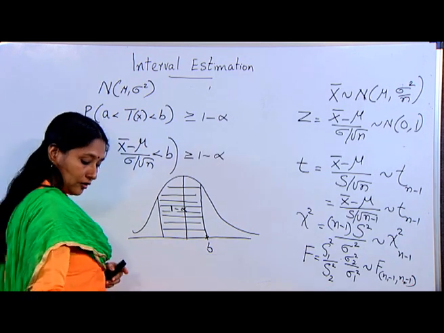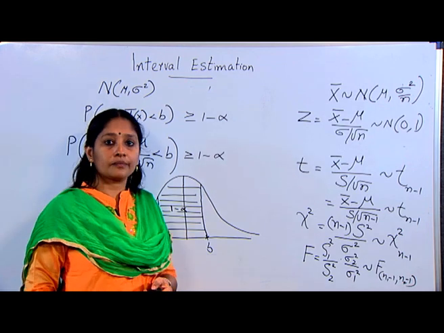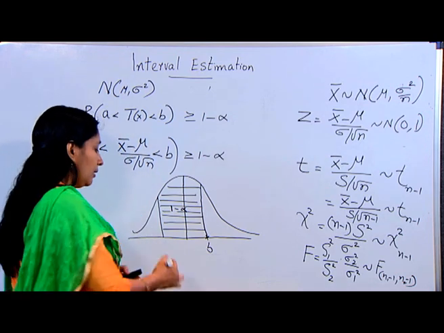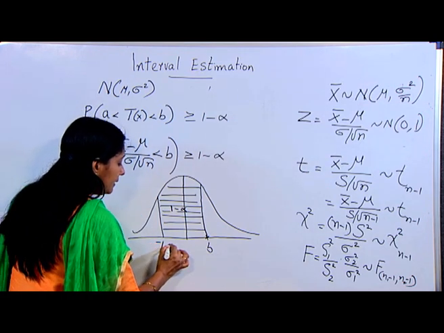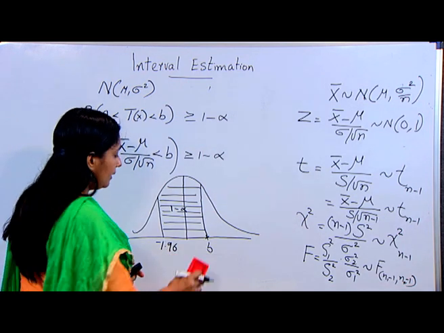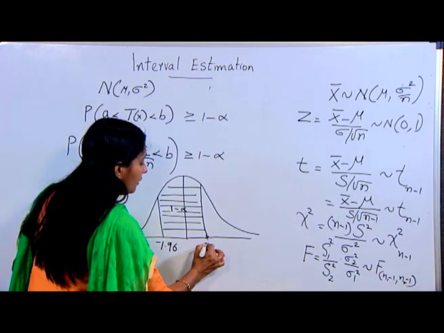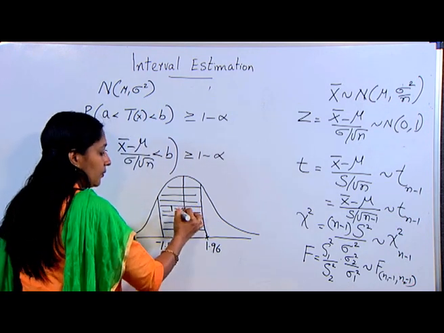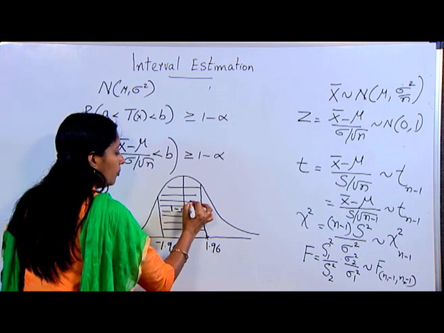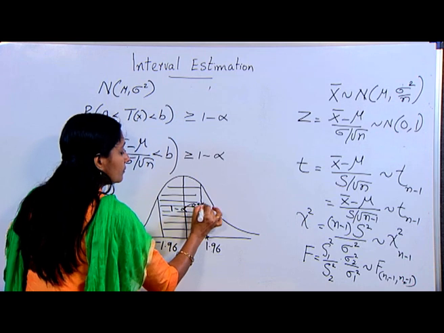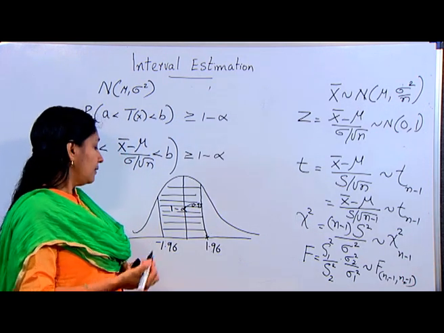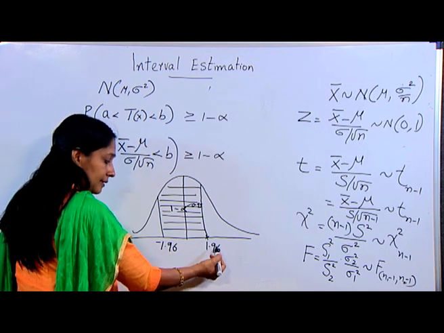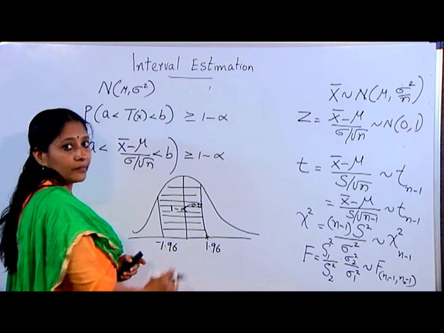When you look at the standard normal table, for example, if you had to construct a 95% confidence interval, the probability of minus 1.96 less than Z less than 1.96 is 1 minus alpha, that is our 0.95. Hence, these 2 points, minus 1.96 and 1.96, are at equal distance from 0.